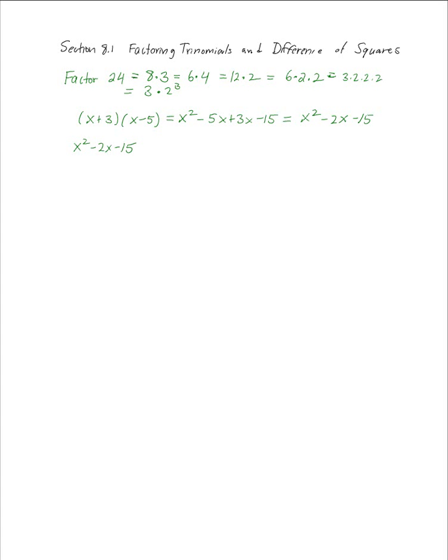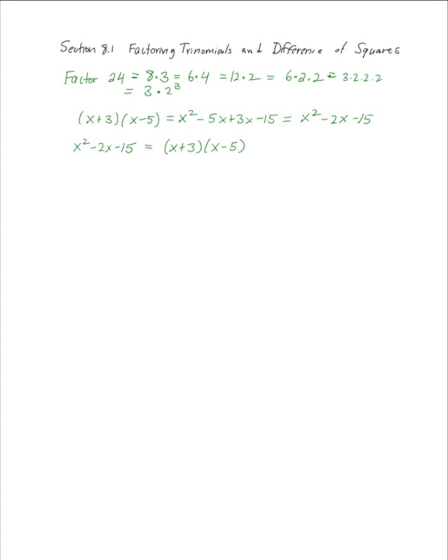And the question would be, what two binomials multiplied together give me x squared minus 2x minus 15? That's what we mean to factor a trinomial. We mean to write it using multiplication, and it will be the multiplication of two binomials. Well, of course, we already know from above that there's the right answer. But the question is, how would you get the right answer if you didn't already know the right answer?